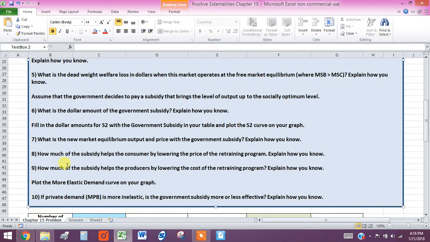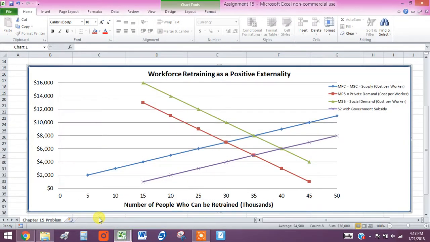So number 8, how much of the subsidy helps the consumer by lowering the price of the retraining program, and explain how you know. Well, if you remember, the subsidy was $3,000, so the price has come down from the market price of $7,000 right here to the price after the subsidy of $5,000.